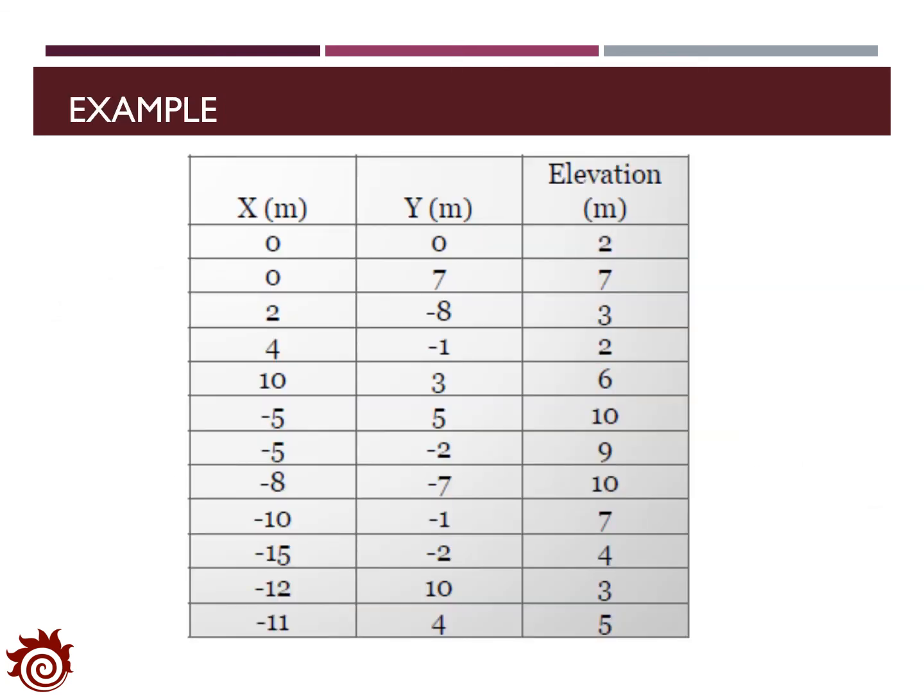Now let's take a look at one example to see how we can generate a topographic map based on the elevation measured for a set of data in the field experiment. In this example, we will have a set of locations with the x and y coordinates, and we know the elevations for each point.